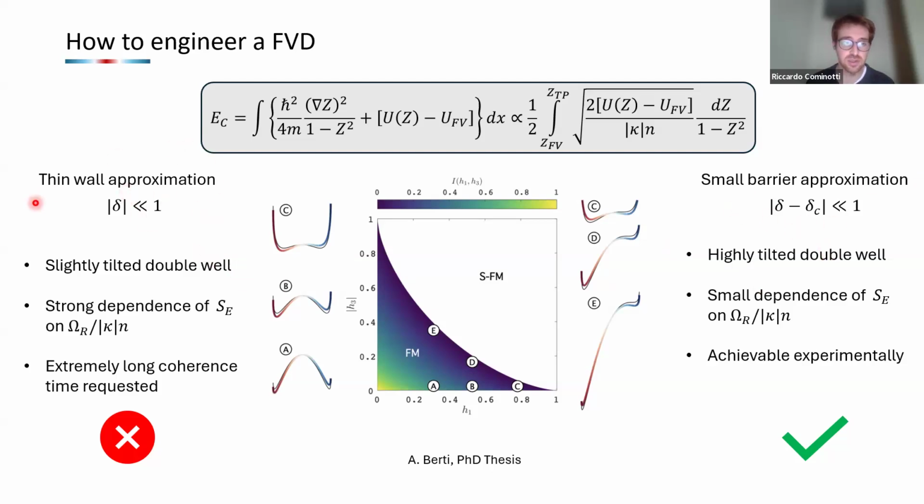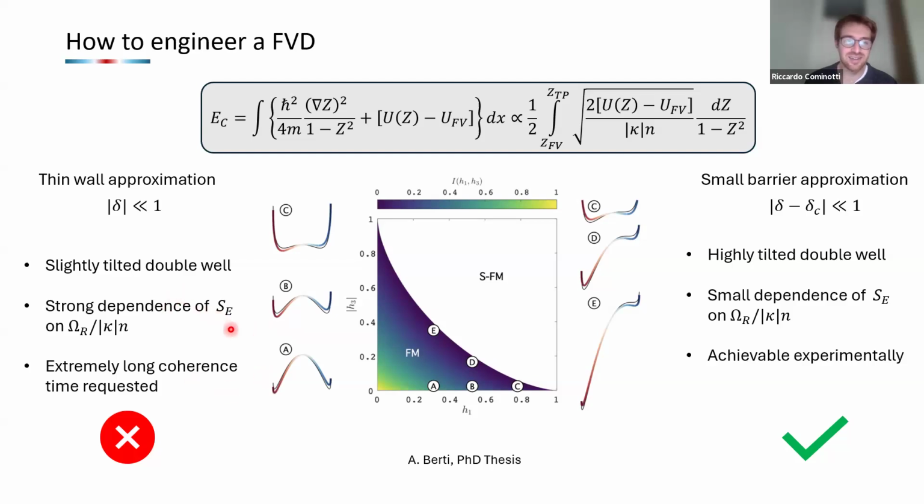The thin wall approximation corresponds to a slightly double well, so we can encounter this situation if we set the detuning to be very small, and it basically corresponds to moving along this line. Along this line, the action or the energy of the barrier depends strongly on the Rabi frequency.